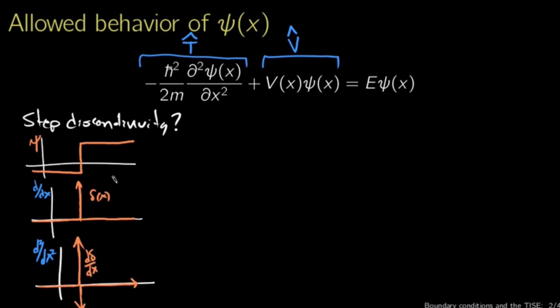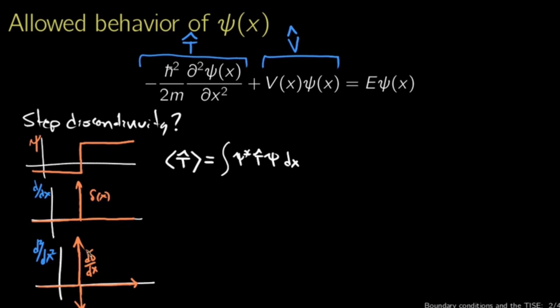What does that mean? Well, consider calculating the expected value of the kinetic energy. The expected value of the kinetic energy can be expressed as an integral of the complex conjugate of the wave function times the kinetic energy operator acting on the wave function itself, integral dx.